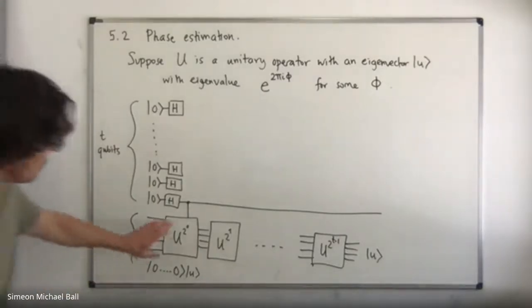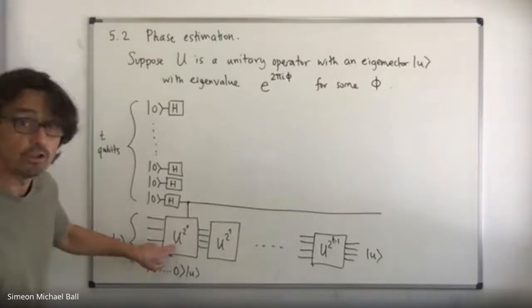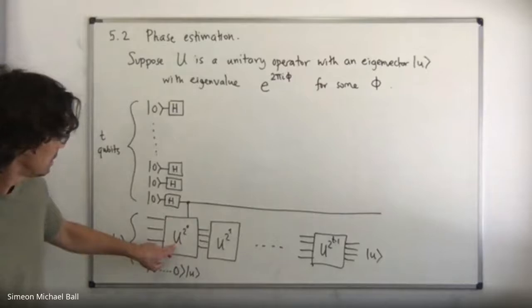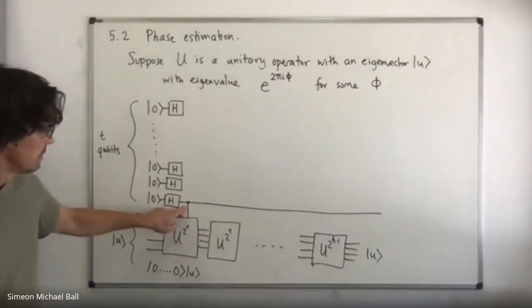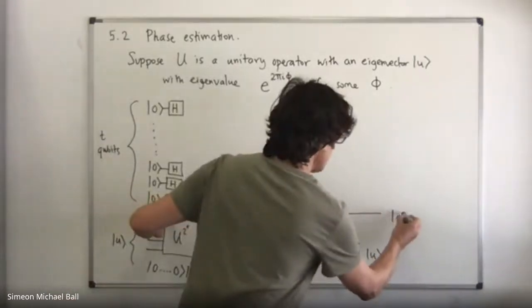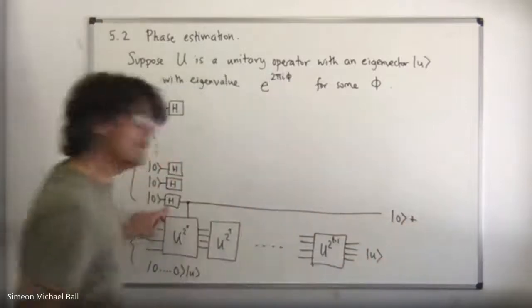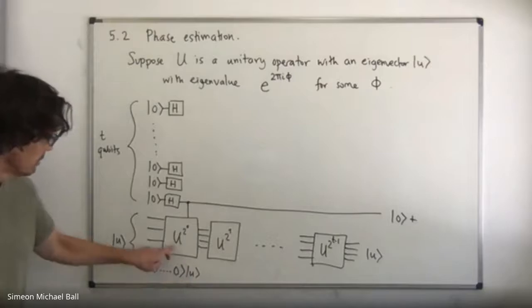Sorry, yeah, control u on this. So this will then apply capital U here if this bit is set to 1. So this is now in good position, so I have 0 plus 1. The 0, nothing happens to it. If it's got a 1, it applies u here. But what's u times u?